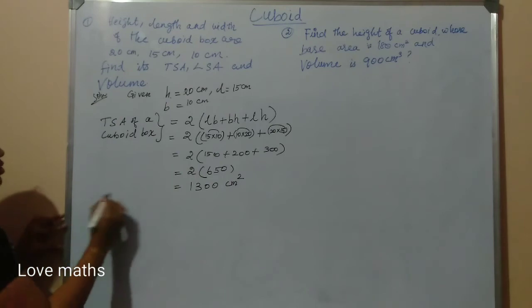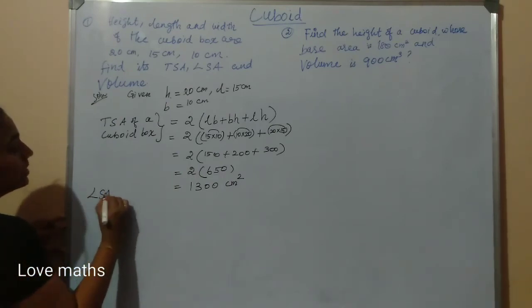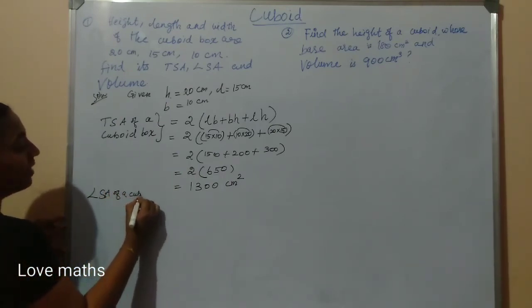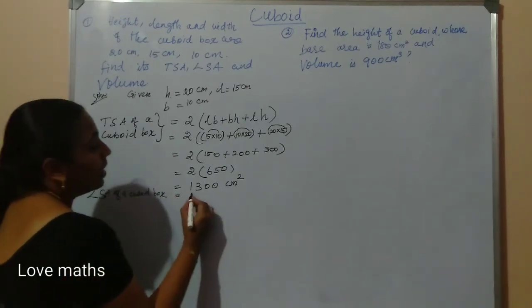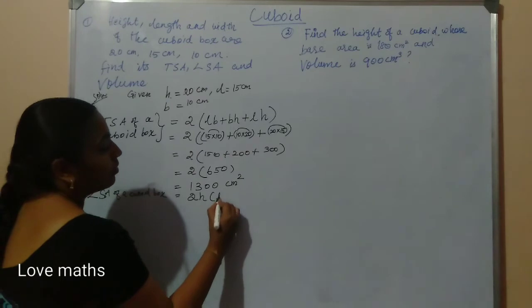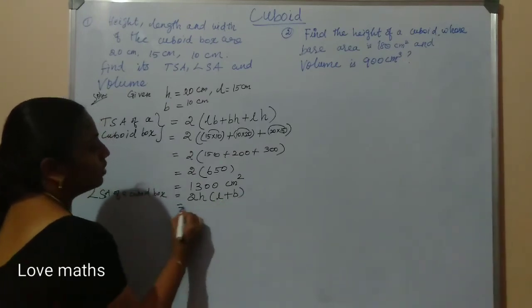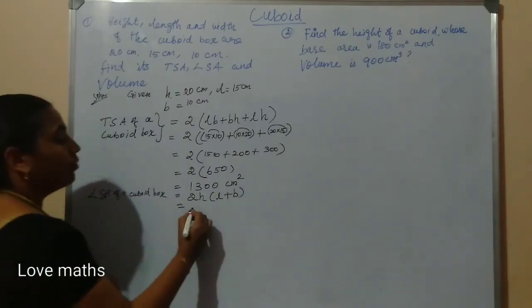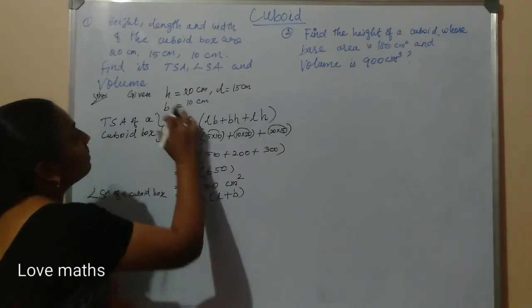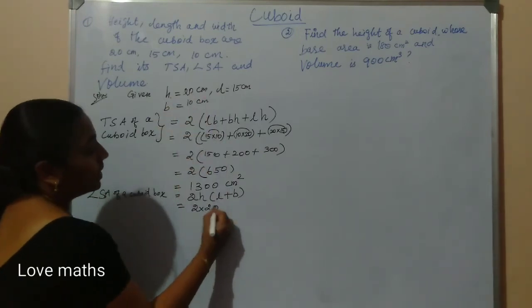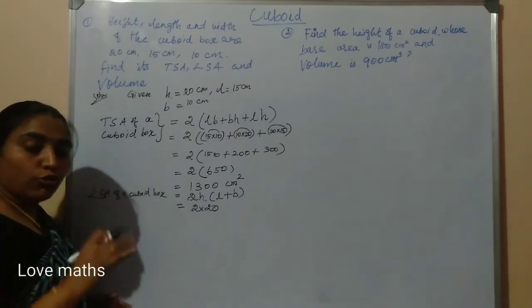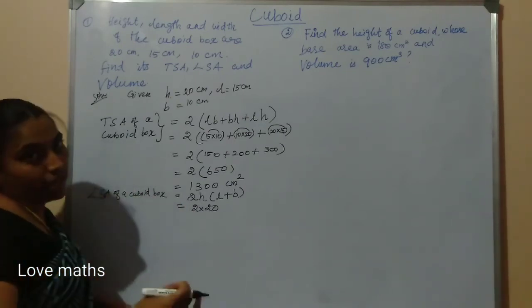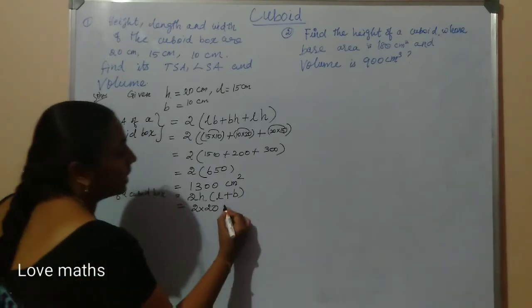Okay, next we have to find LSA, the LSA of a cuboid box. So what is the LSA formula? 2H into (L plus B). 2H is what? Where is H? 20. 2 and H both, there is no sign, which means multiplication. 2H means 2 times H, and times means multiplication.